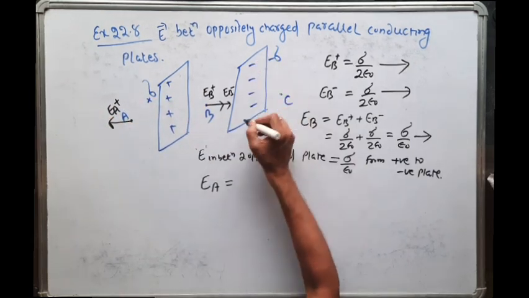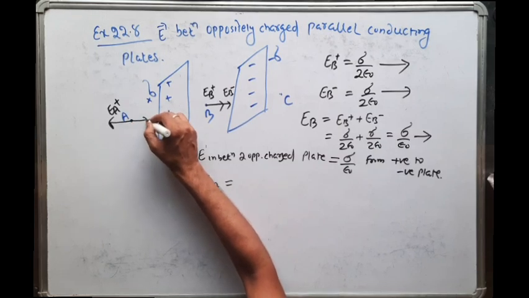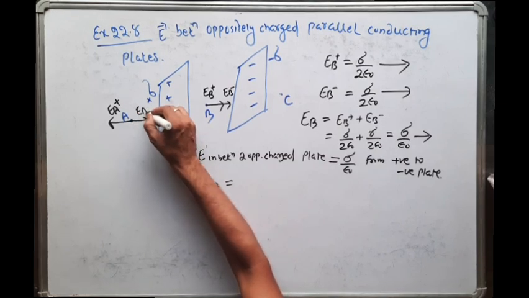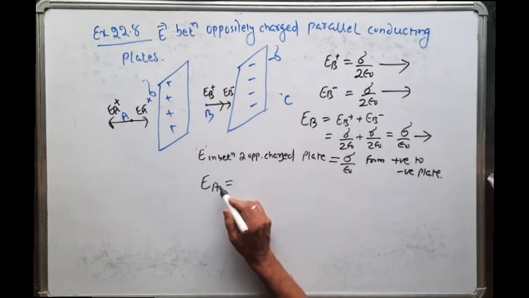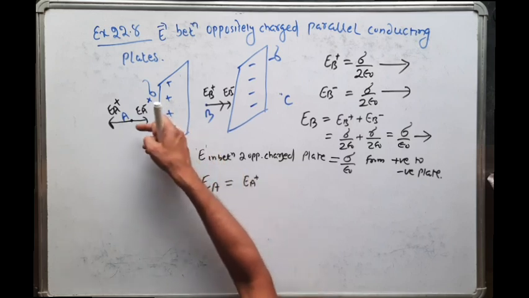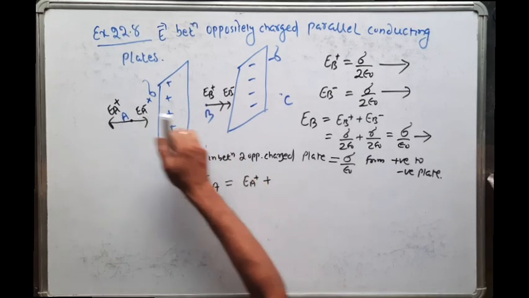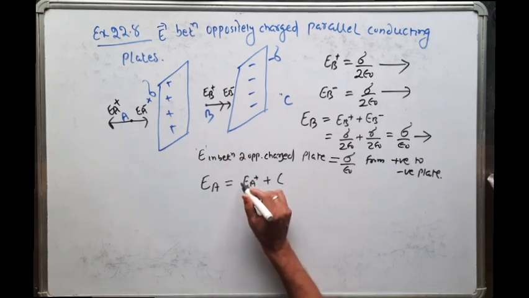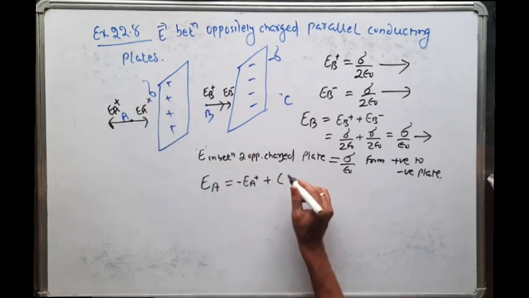And for the negative plate, what is the electric field intensity at A? It is towards the negative plate. So let us say EA minus. So the total electric field intensity at A is EA plus towards left and EA minus towards right. If you take towards left as negative, and towards right as positive.